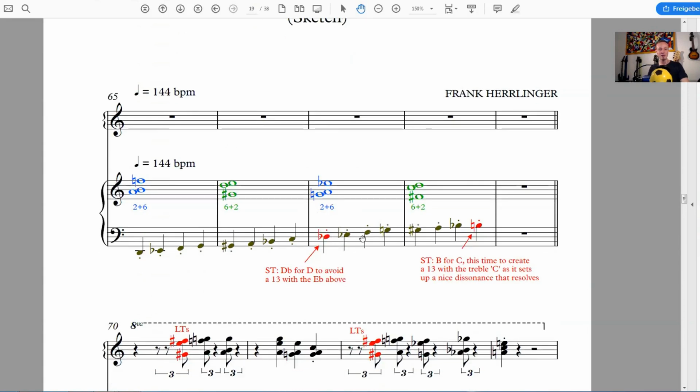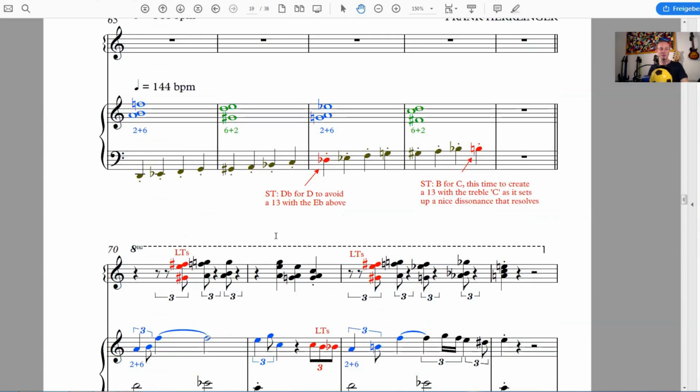These notes in red, right here or down here, are most of the time either leading tones or substitute tones. ST stands for substitute tone, which means I simply broke my original pattern, my line, and switched to another note for whatever reason.